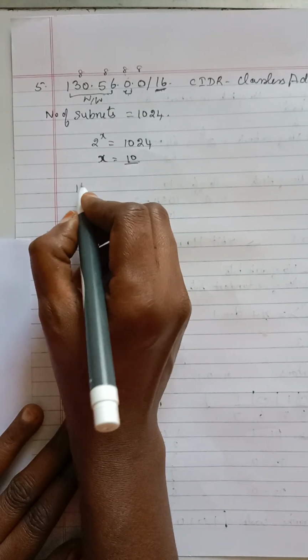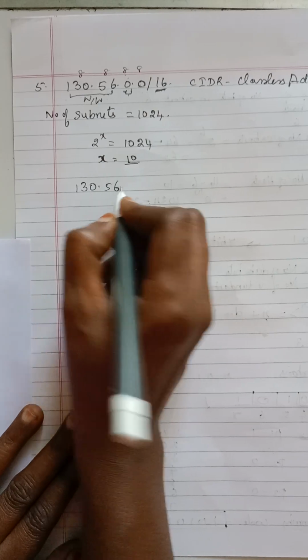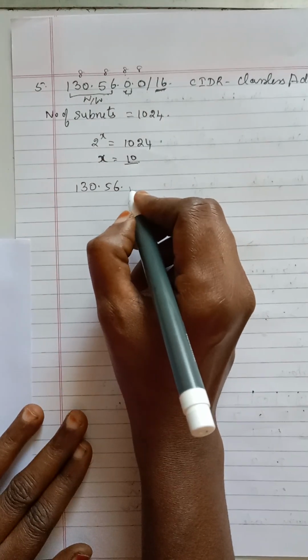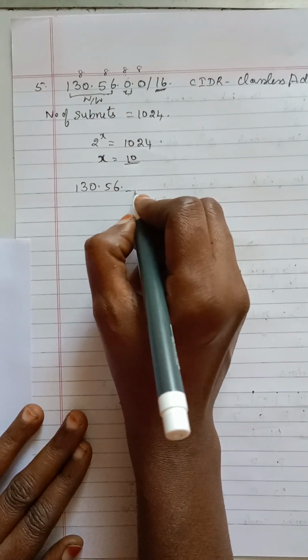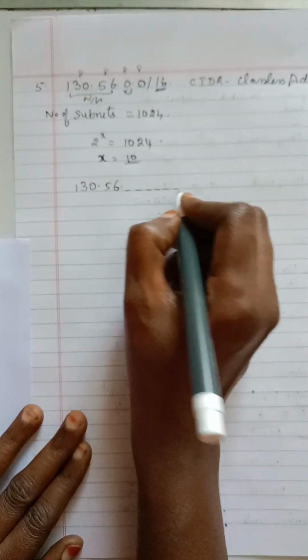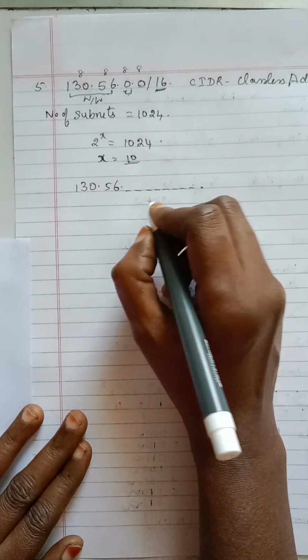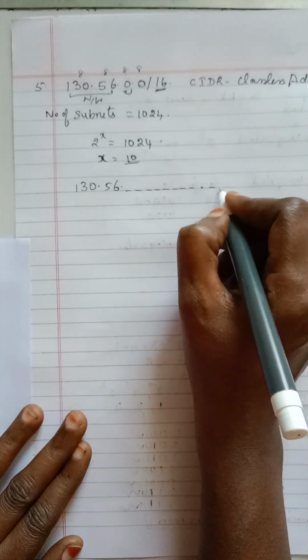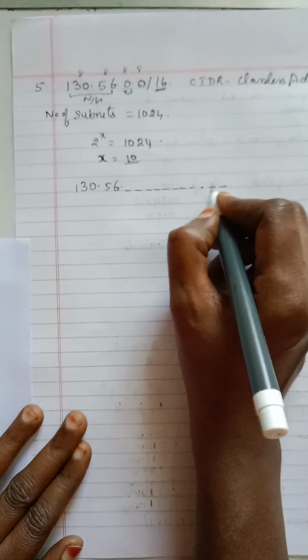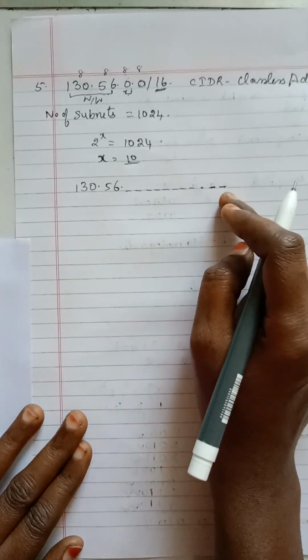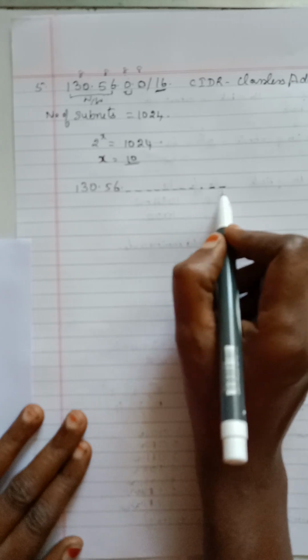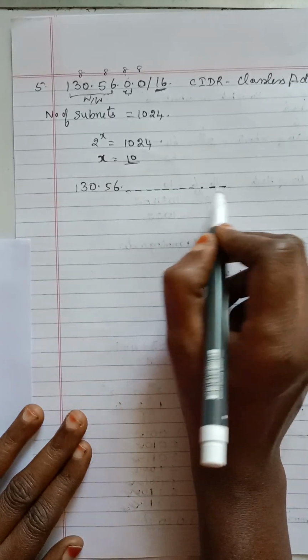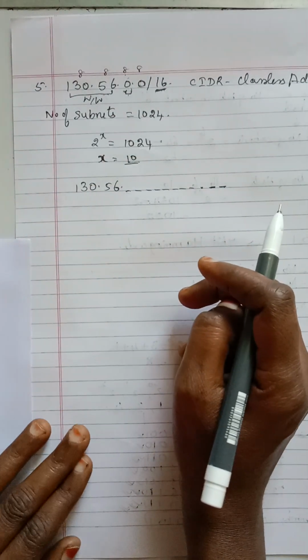So it is 130.56 dot. Here 8 bits are there: 1 2 3 4 5 6 7 8. So 8 bits are used for subnets, and another 2 bits from the next host part are also used. So there are 10 bits from the host.